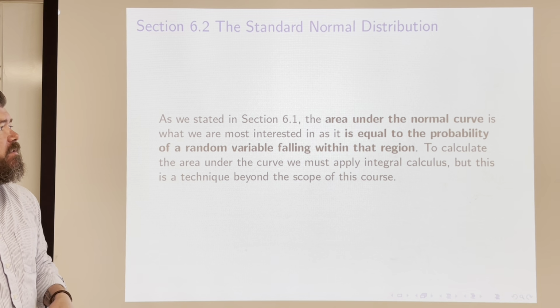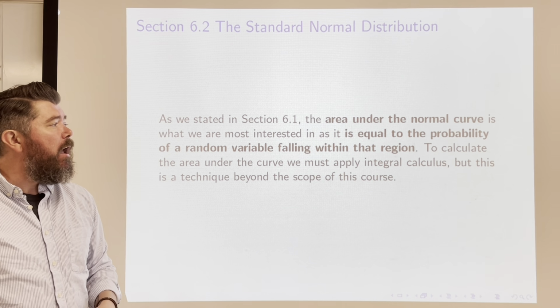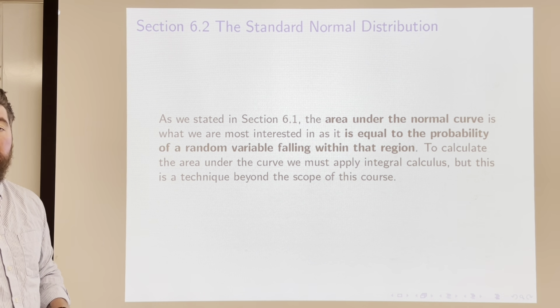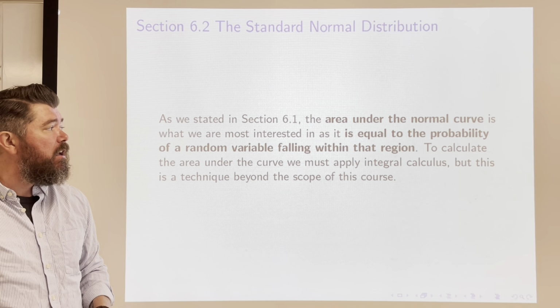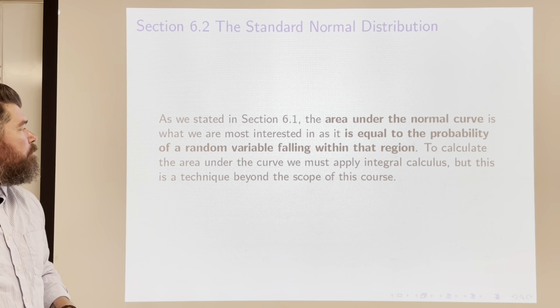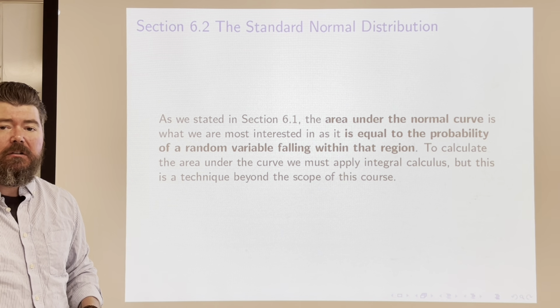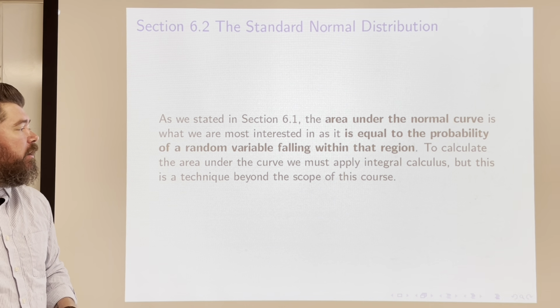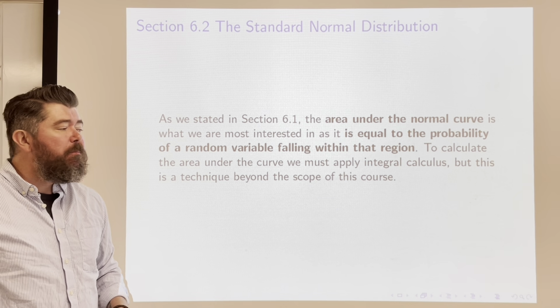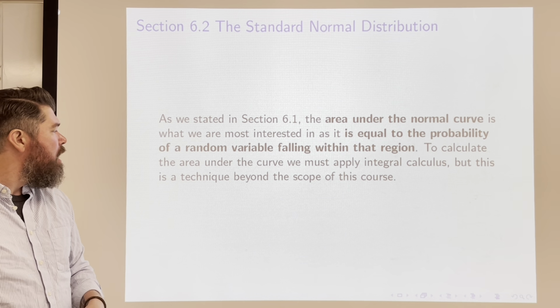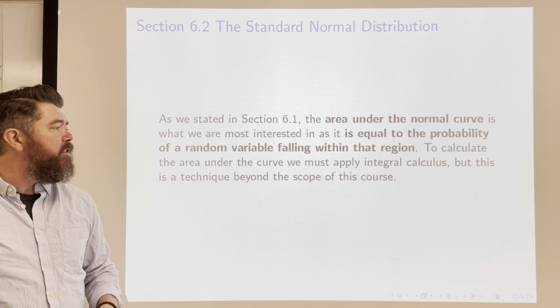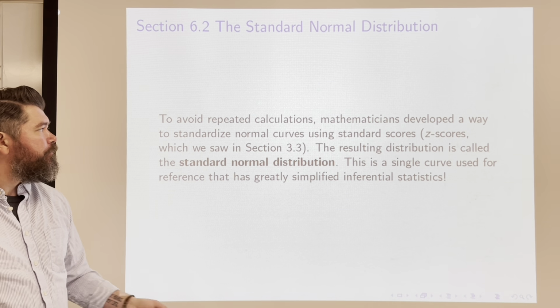As we stated in section 6.1, the area under the normal curve is what we are most interested in, as it is equal to the probability of a random variable falling within that region. To calculate the area under the curve, we must apply integral calculus, but this is a technique beyond the scope of this course.